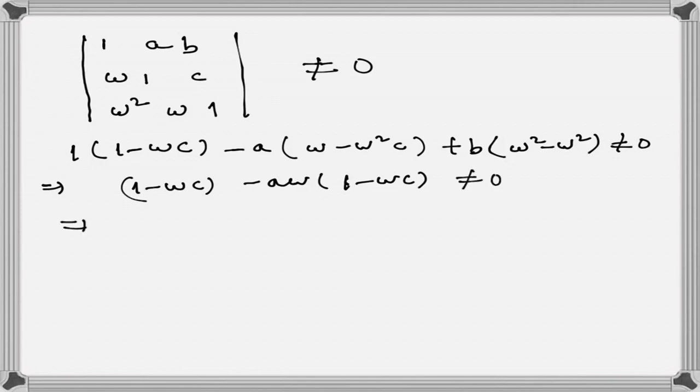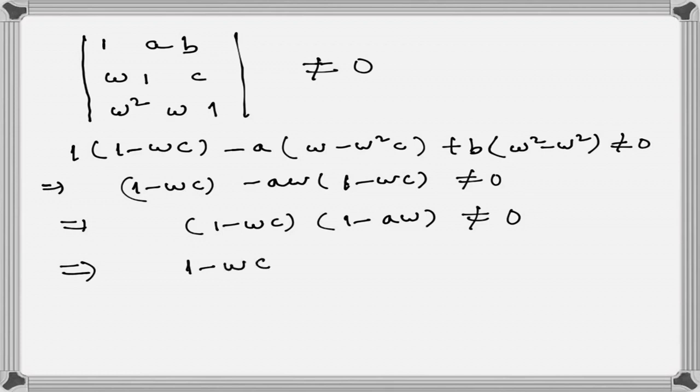This implies (1 minus WC) into (1 minus AW) not equals to 0. So this implies 1 minus WC not equals to 0 and 1 minus AW also not equals to 0.